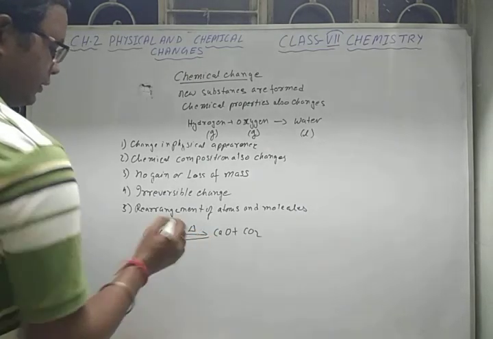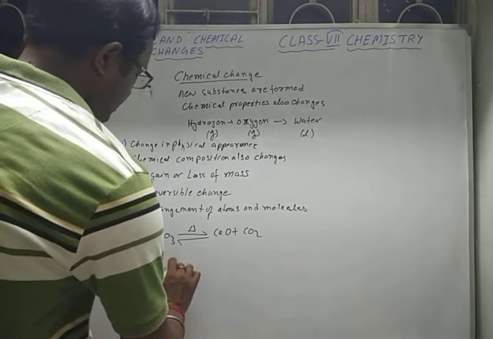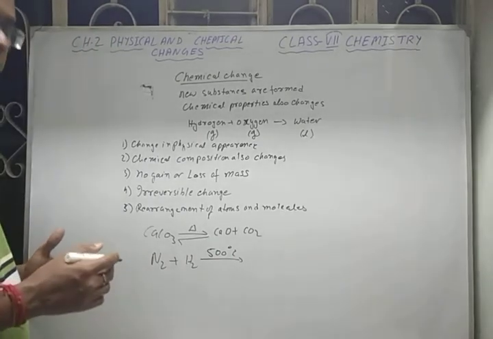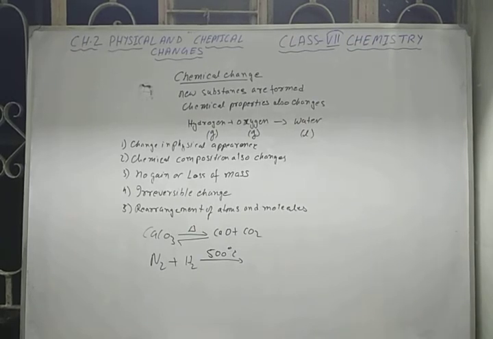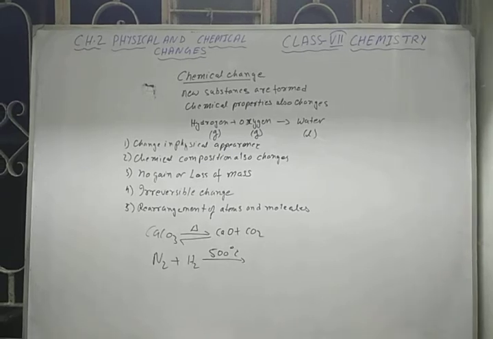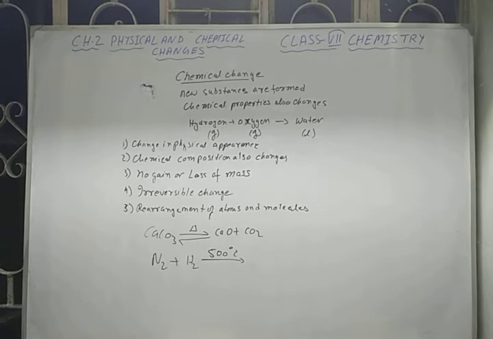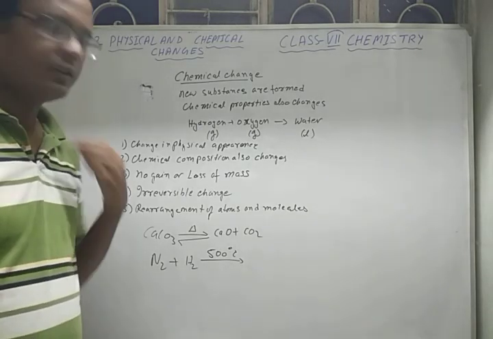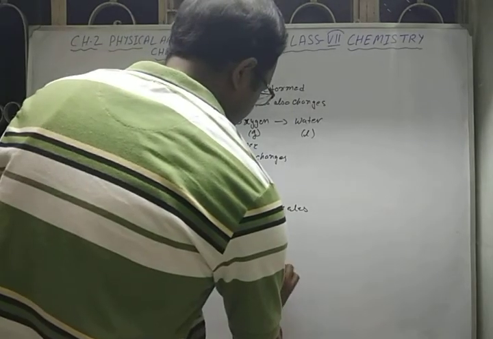If you continue, calcium oxide reacts with carbon dioxide to become calcium carbonate again. Similarly, when you heat nitrogen plus hydrogen at about 500 degrees Celsius, you get ammonia, NH3.